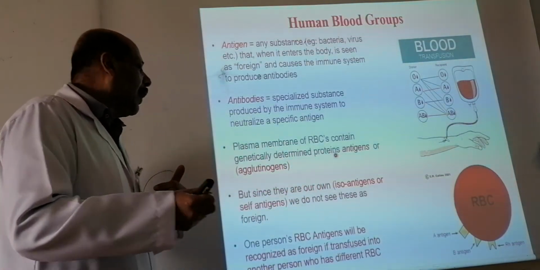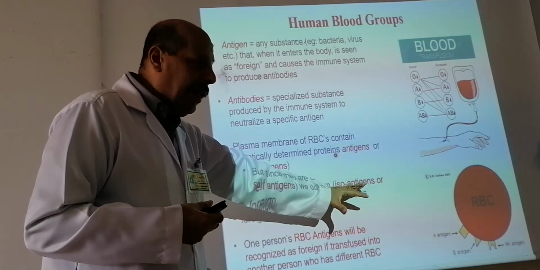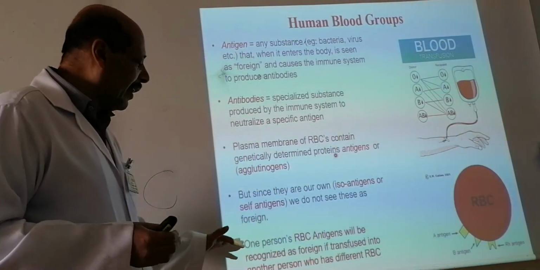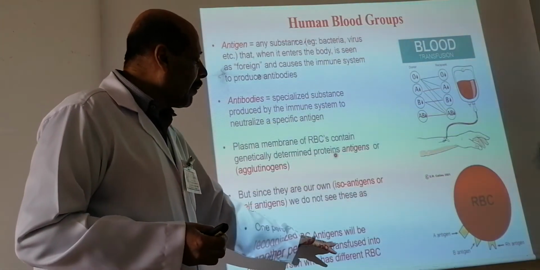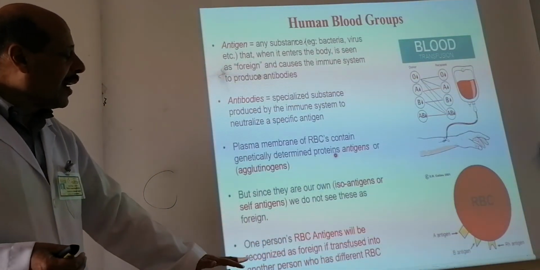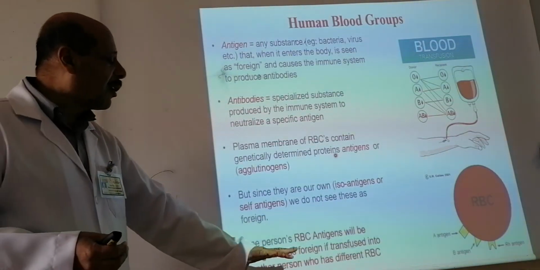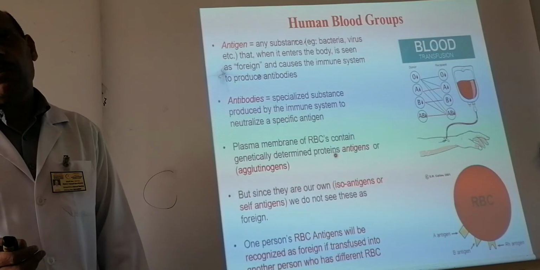And it will lead to agglutination. But as we said, it is an isoantigen or self-antigen, so the body will not react against those substances. One person's red blood cell antigen will be recognized as foreign if transfused into another person who has a different red blood cell antigen.